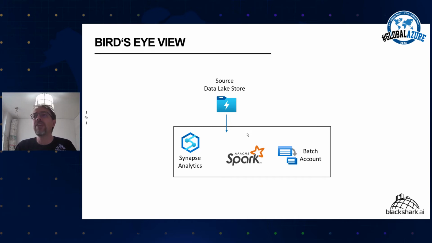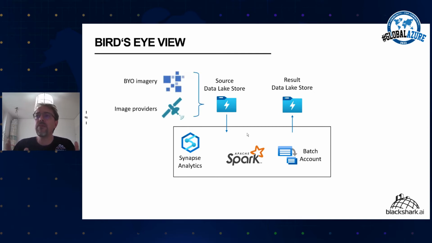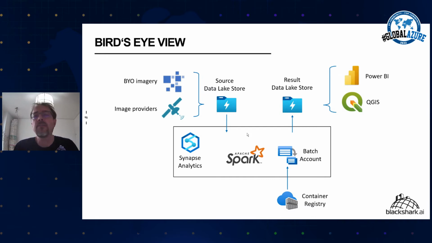We have our data in a source data lake store and store the results in a result data lake store. The imagery is stored in the first one. The processing itself takes part using containers. This is why we also need a container registry. And then the results are either processed further with tools like Power BI or maybe QGIS or whatever.